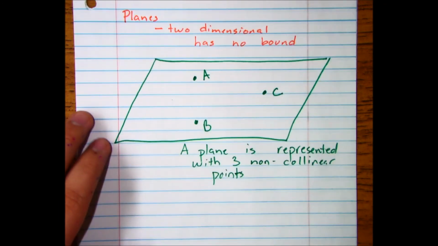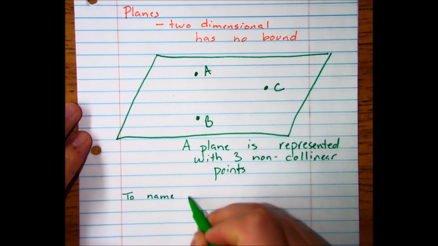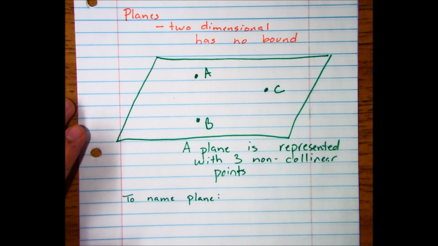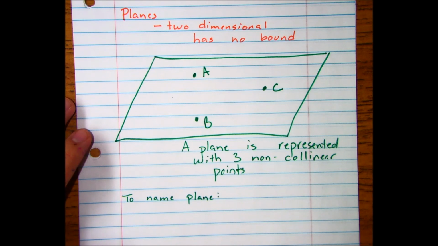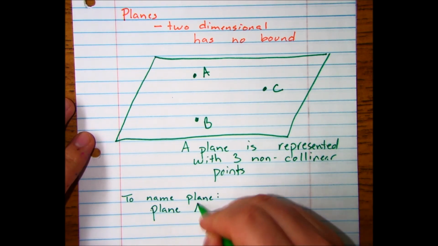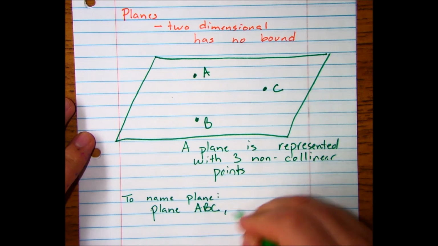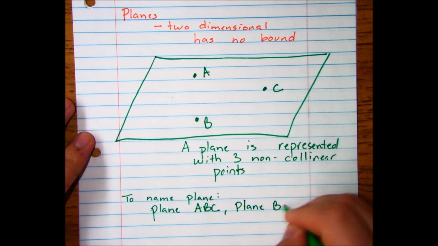Now, to name a plane, we're going to use the three non-collinear points. So it will be plane ABC. And we're not prejudiced. We could easily call it plane BCA.